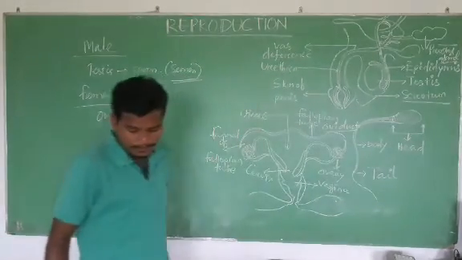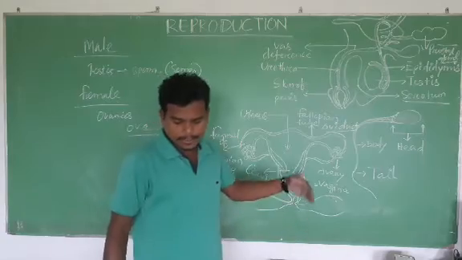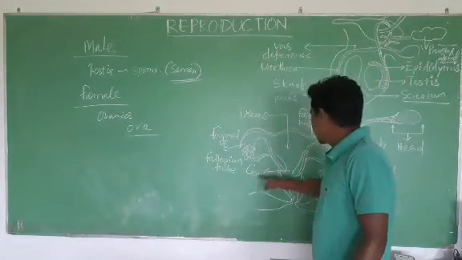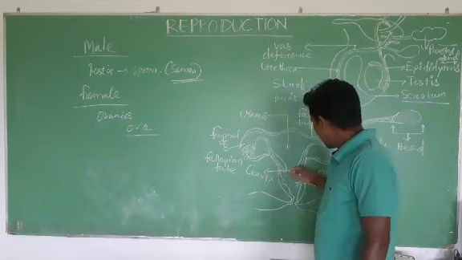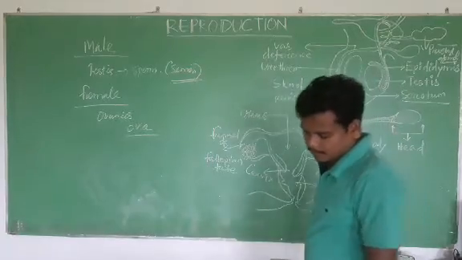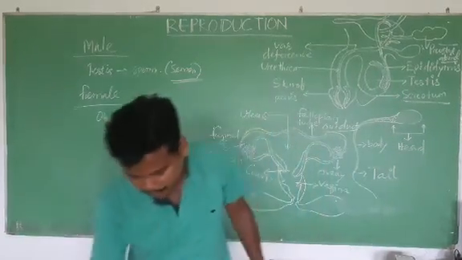After the oviduct, the uterus is a muscular organ, and the lower portion is called the cervix. Below that there is the vagina, and it opens to the outside.